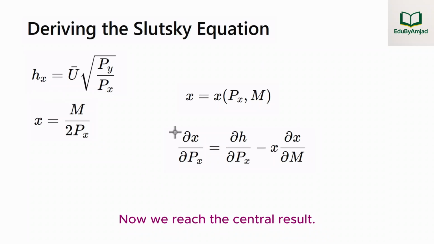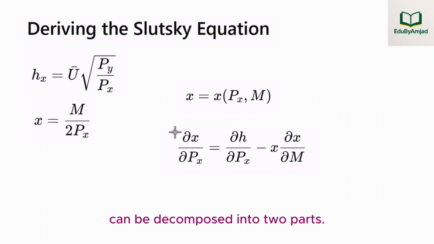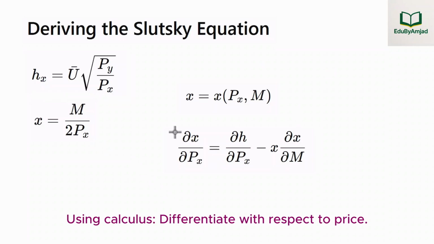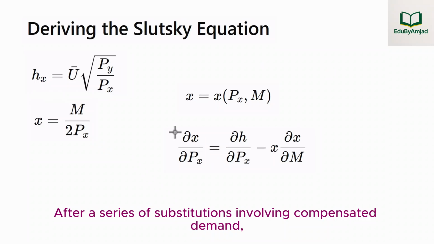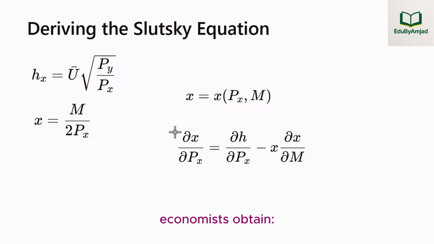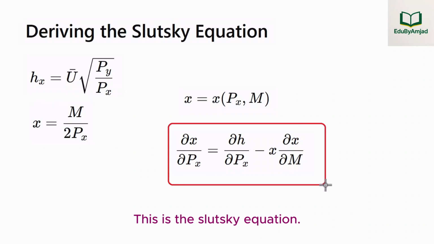Now we reach the central result. The total response of demand to a price change can be decomposed into two parts. Using calculus, differentiate with respect to price. After a series of substitutions involving compensated demand, economists obtain: This is the Slutsky equation.